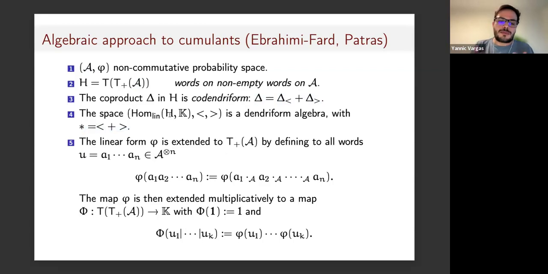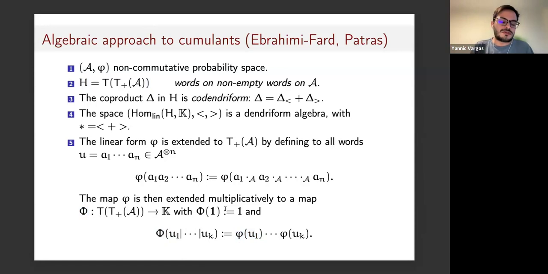And then you can define a new non-commutative probability space now on H. The non-commutative expectation, here called phi, is such that when you restrict it to every letter of the double tensor algebra, which is just a non-commutative word, it restricts to the non-commutative expectation which I started with, evaluated on this word.